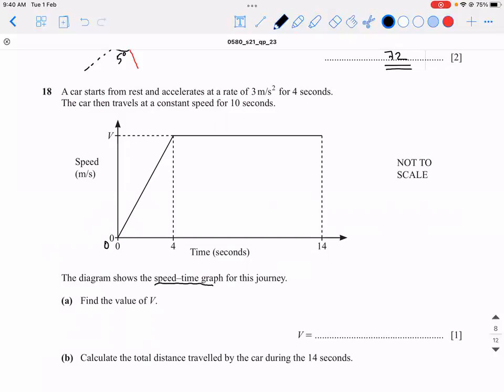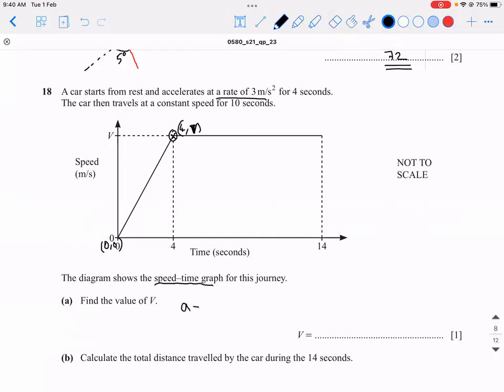So this point is 0, 0, starting from the origin. And what is this point? This point is 4 comma v. Therefore, how to find the gradient? Because a car starts from rest and accelerates at 3 meters per second squared for 4 seconds.